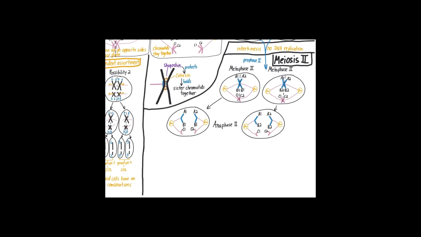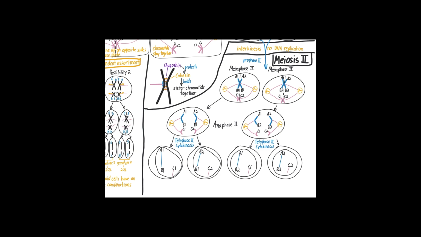During anaphase 2, shugoshin is no longer bound to cohesin, which allows the sister chromatids to be pulled apart. During telophase 2 and cytokinesis, these are sorted into the daughter cells, which are now haploid.